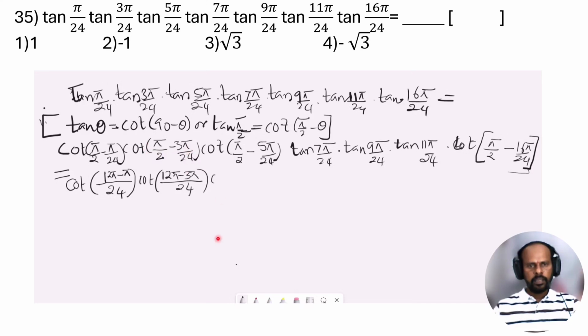And here also take 24 as LCM, 12 should be multiplied, 12 pi minus 5 pi. And the next three terms I am writing the same, 1 2 3. Now you have understood that we got 7 pi, 9 pi, 11 pi in these three terms after subtracting.